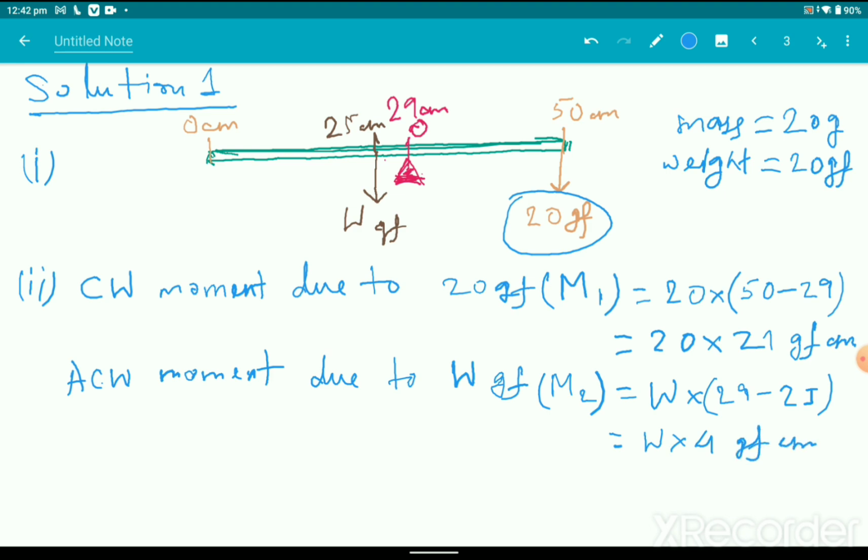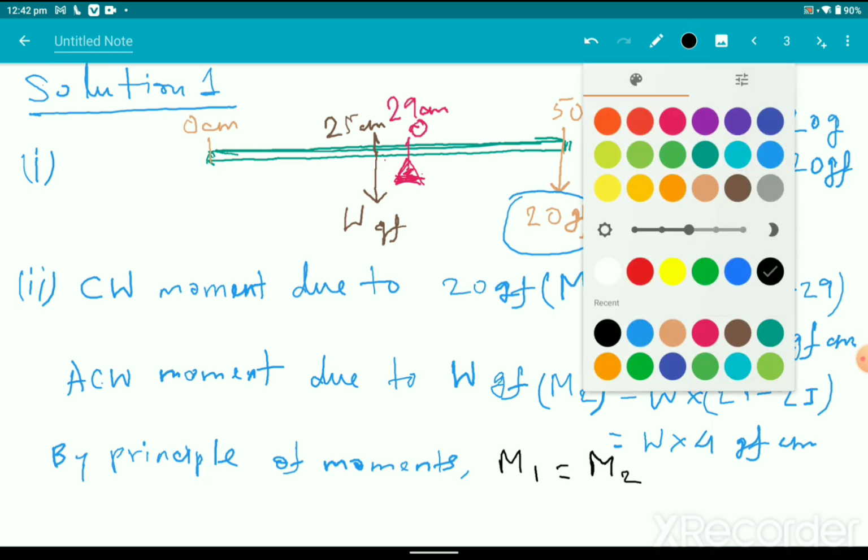Right. Now as the meter rule is in balanced condition, then obviously by the principle of moments, our M1 will be definitely equal to M2, isn't it?